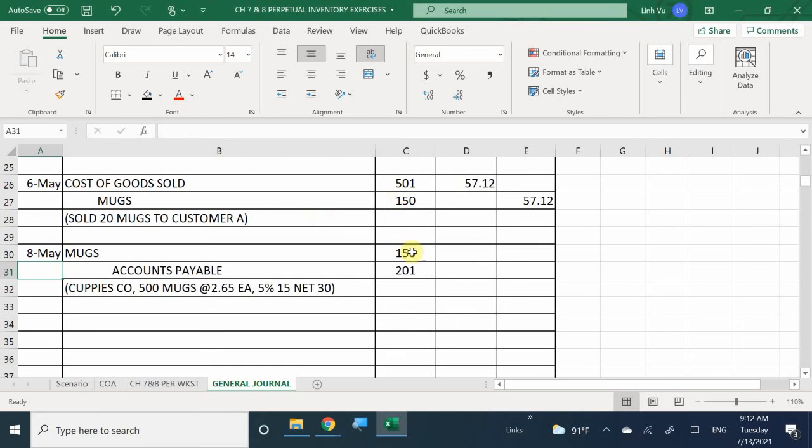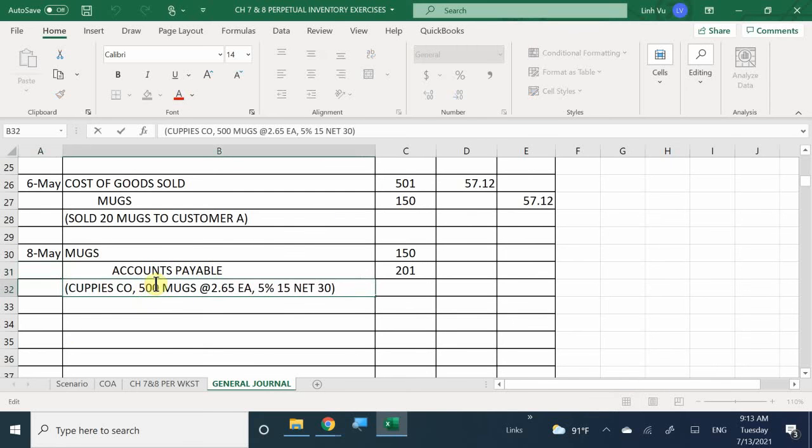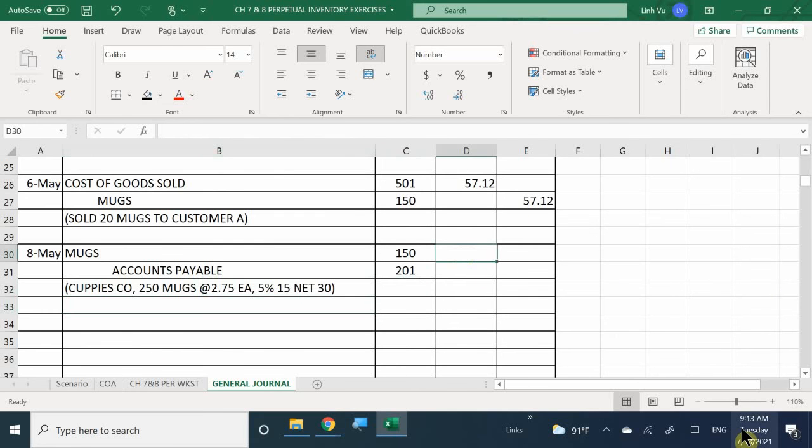So mugs: I purchased 250 of them for $2.75 each. 275 times 250 gives me 252.75.